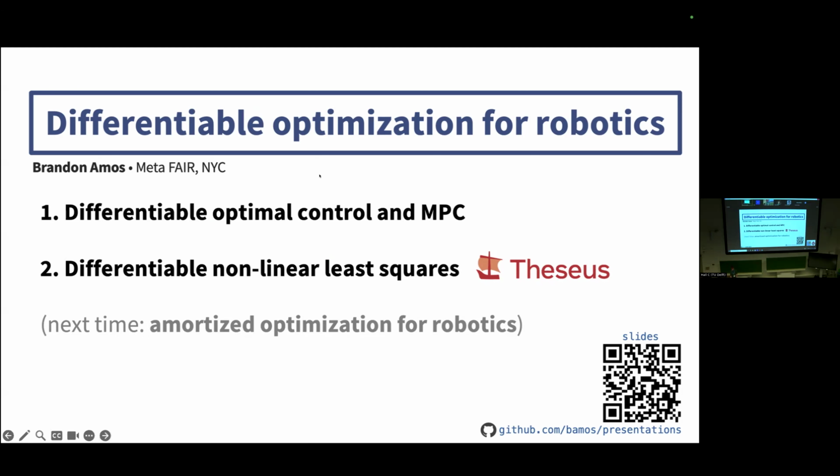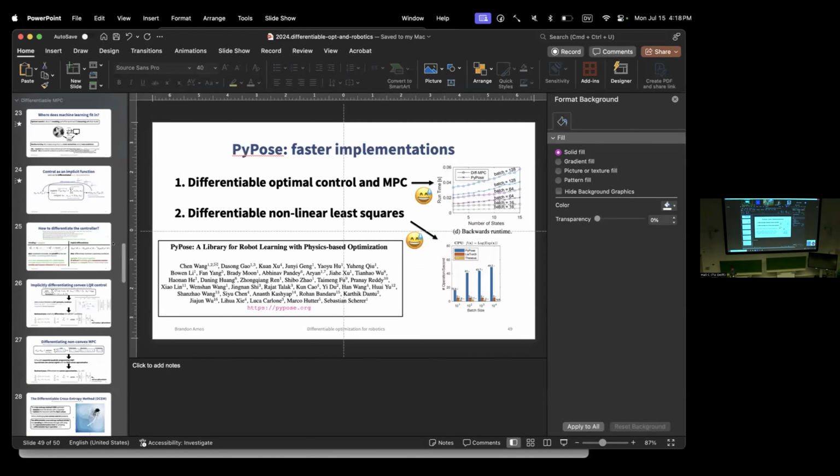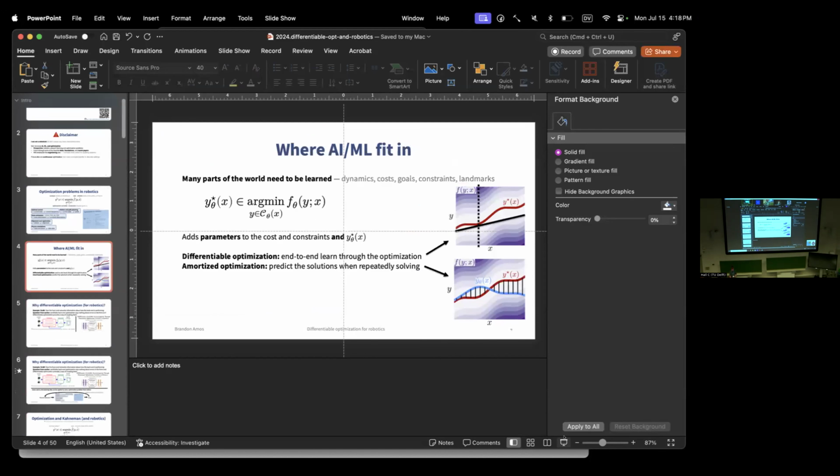Because if you are just predicting the optimal solution with a neural network, that is doing something that differentiable optimization was trying to counter: don't learn the solution space, learn some kind of representation which maps to the solution space. So it seems like we have come full circle now. We started with differentiable optimization to solve a problem, and now we're saying we're coming back to the old way of doing things.